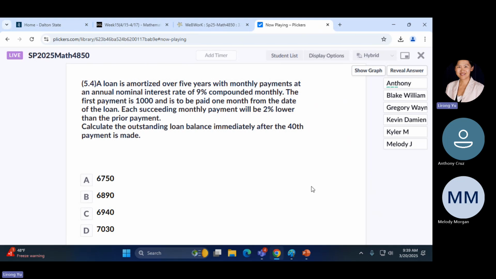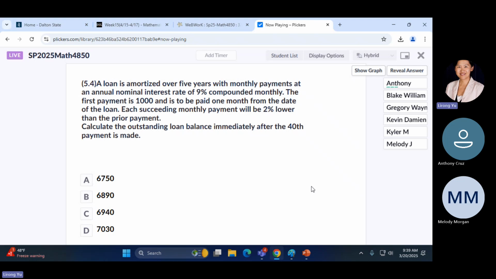This is an amortized payment schedule, but it's not a level payment. The payment has an increment: it's 2% lower than the prior payment. So then we're paying less and less in this plan. The question is to calculate the outstanding loan balance immediately after the 40th payment is made.